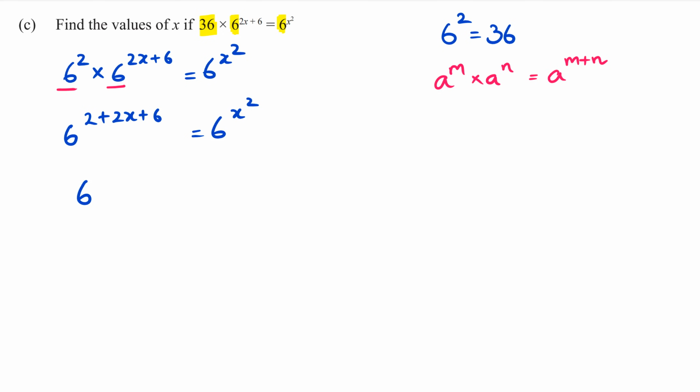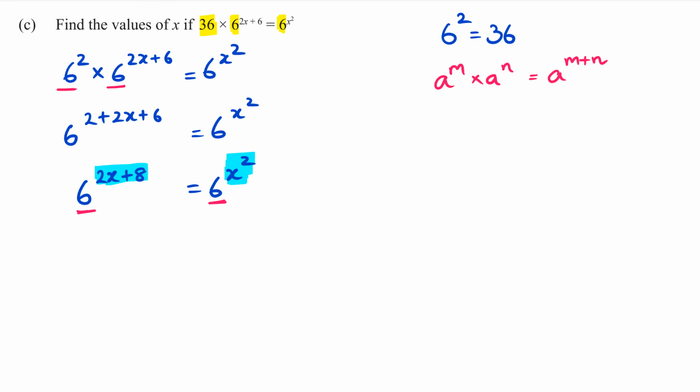Now simplifying that, we're going to get 6 to the power of 2x plus 8 equals 6 to the power of x squared. Once we get to this point, because our bases are the same, our base is 6 here and our base is also 6 here, that means whatever this power is must equal this power, because 6 to the power of blue should equal 6 to the power of blue, and whatever's inside the blue things should equal each other.